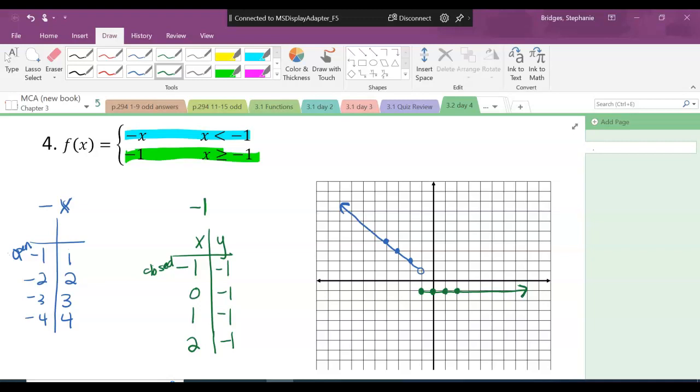So if you think about it, f of x equals negative 1. What do we say? F of x always just doesn't matter.